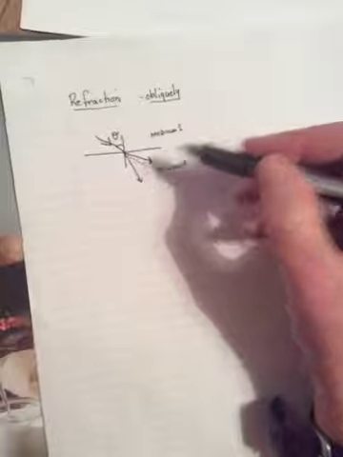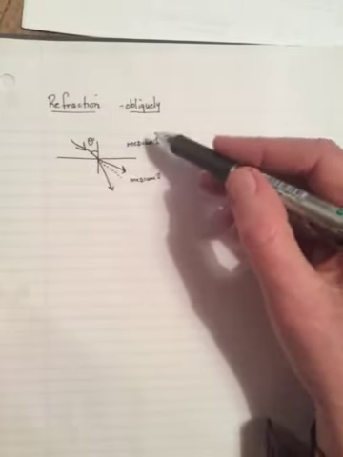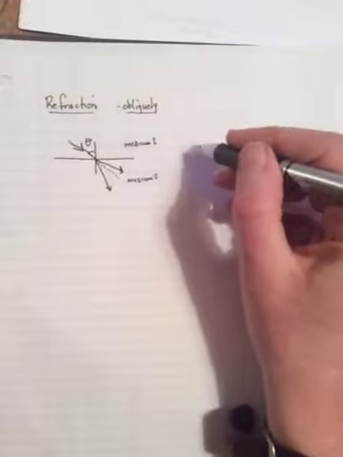Now, whether it bends towards or away is going to depend on the difference in the densities of the two media, plural for medium.